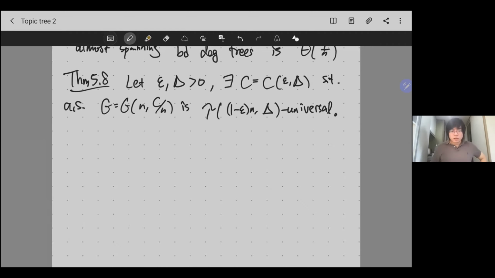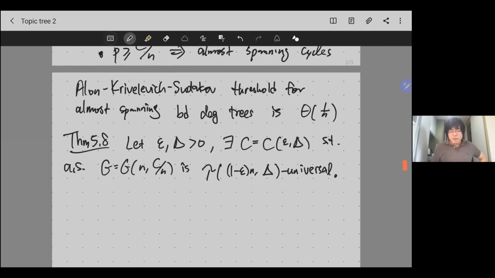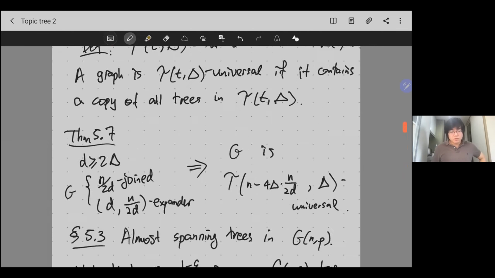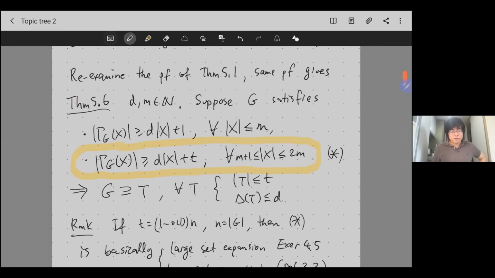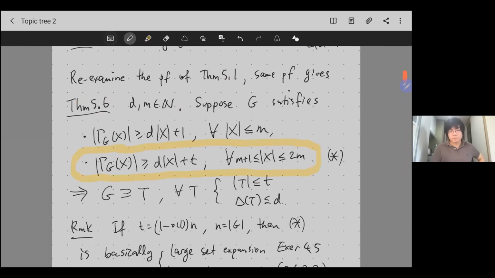To prove this, 5.8 basically follows quite straightforwardly from 5.6 that we wrote down here, the expander version. By 5.6, setting t to be (1 minus theta) times n, all we need to do for this threshold for almost spanning tree is to show that when p is at least C over n, we have this two-part expansion property.